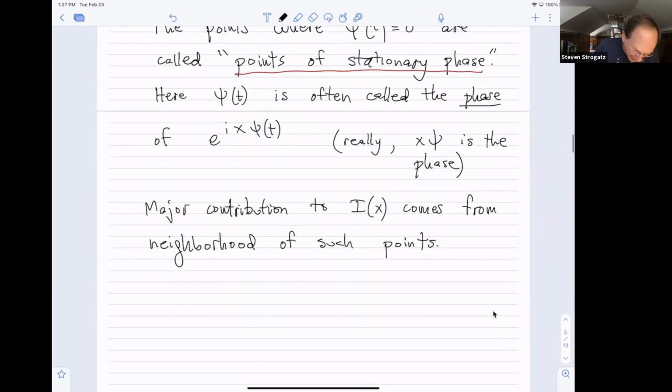I'm also going to, in saying that, I'm assuming that f is not 0 at those points.